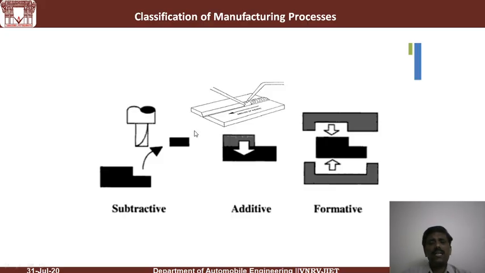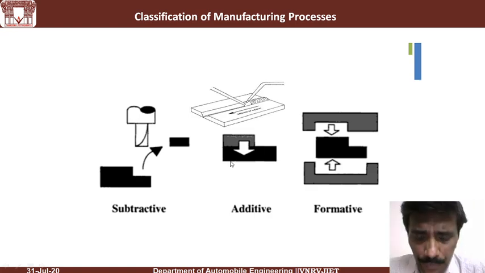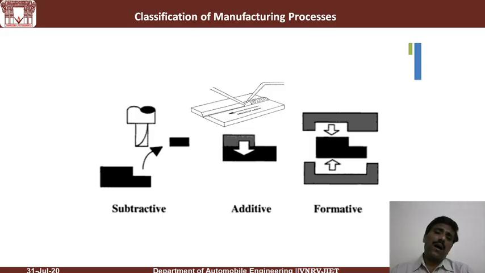Welding comes under the additive or joining process, but the advanced manufacturing process named additive manufacturing is where manufacturing takes place layer by layer, adding material so that we get the final product.